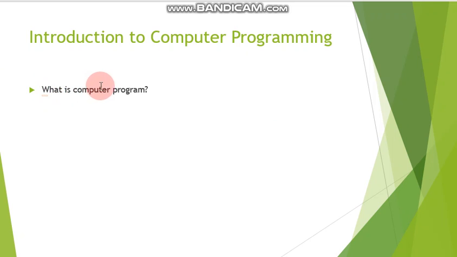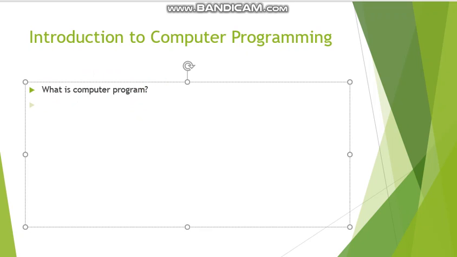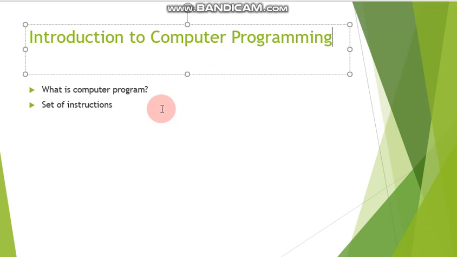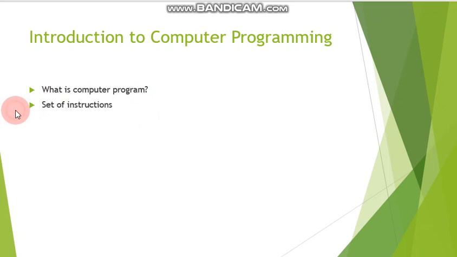So what is a computer program? A computer program is a set of instructions we give to our computer for doing a specific task.